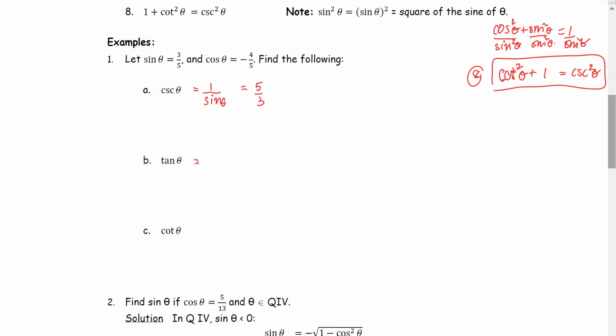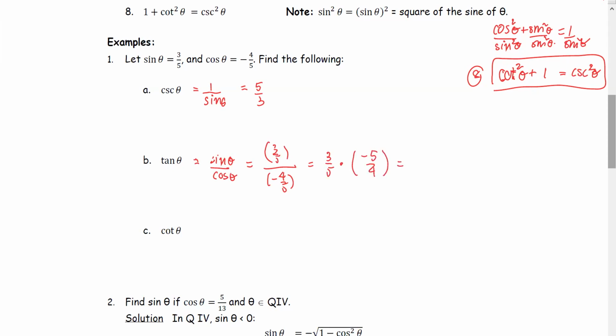The tangent theta is the ratio of sine theta and the cosine theta. In this case, the sine theta is 3 over 5 divided by the cosine theta, which is negative 4 over 5. When you divide the quantity, it's the same as multiplying by the reciprocal.